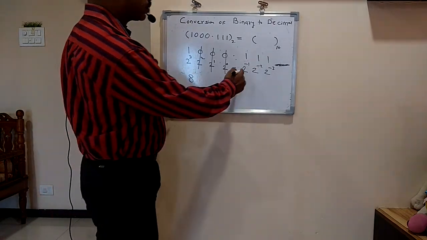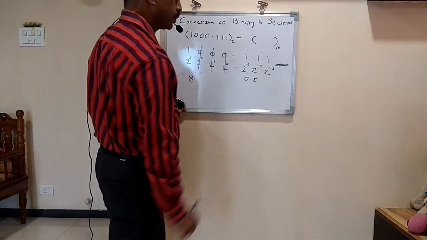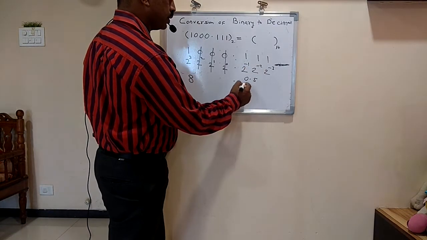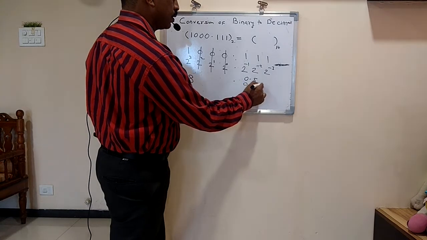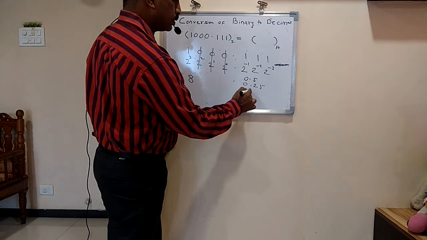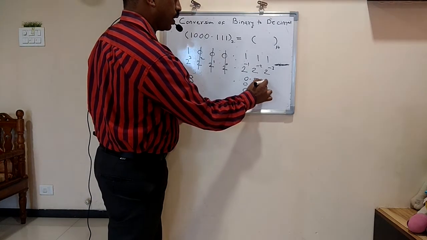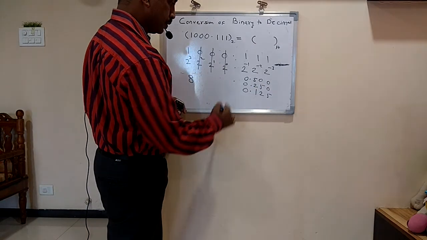The value of 2 raised to power minus 1 is 0.5. 2 raised to power minus 2, its value is 0.25. 2 raised to power minus 3, its value is 0.125.